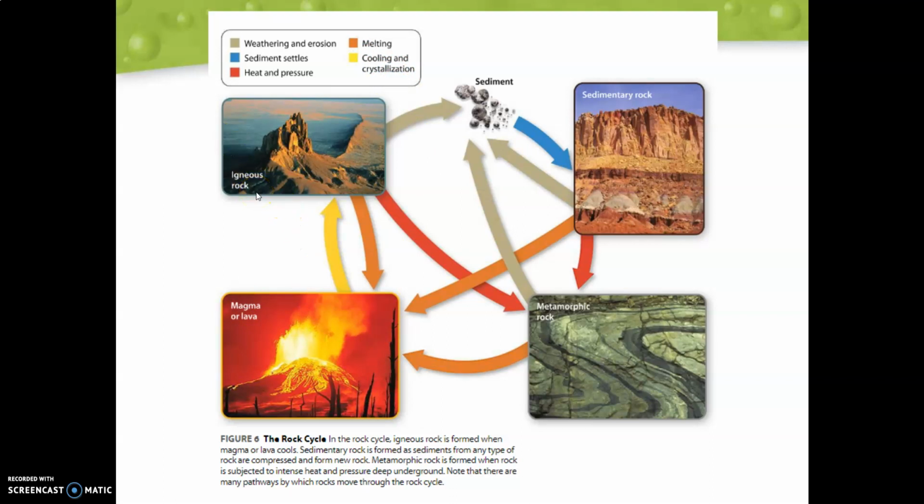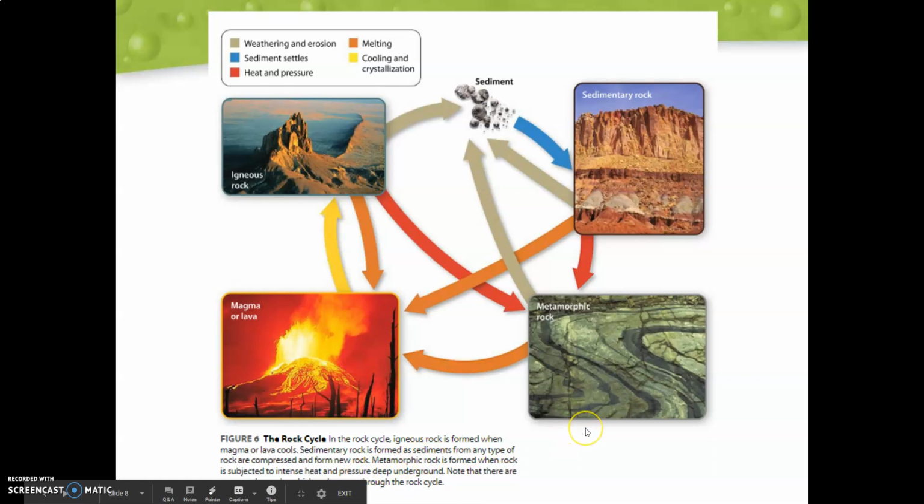And then our last arrow, our gray arrow, weathering and erosion. Igneous rock can break down and become sediment. Metamorphic and sedimentary rock can also break down if exposed to the elements, and become sediment again. There's a part in your notes for you to fill out this cycle, just an overview.